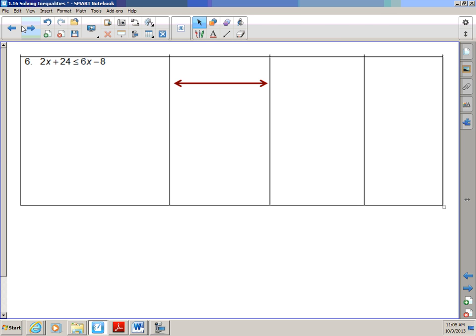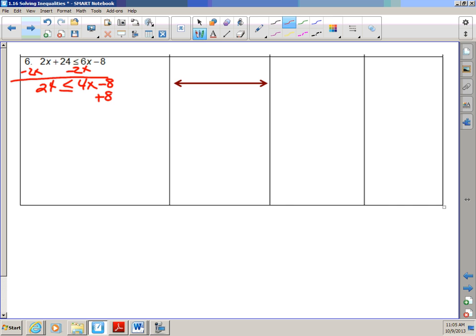Now, I have variables and numbers on both sides. You have 4 choices of what you can do here. My recommendation is to get rid of one of these 2 variables and try to keep it positive if possible. Well, subtract 2x from both sides. 24 is less than or equal to 4x minus 8.